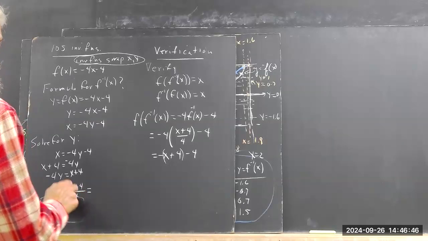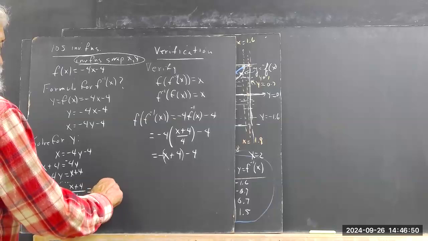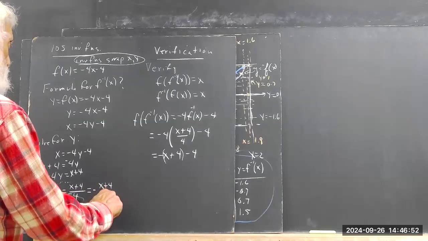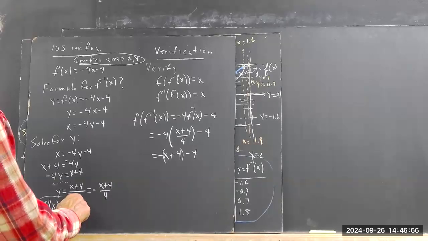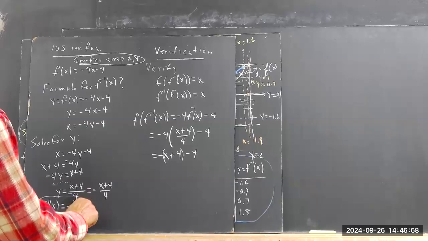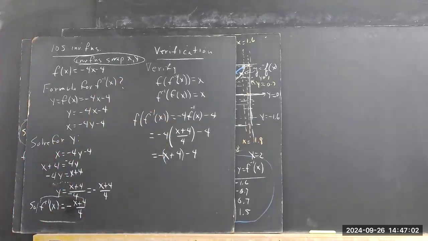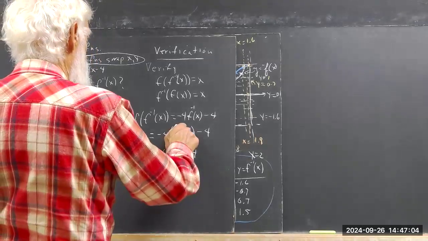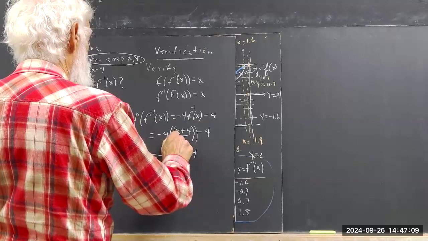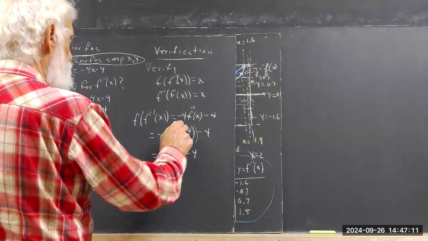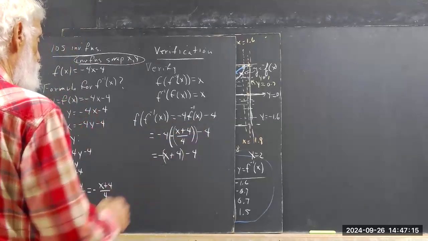First place, x plus 4 over negative 4 is the same as negative x plus 4 over 4. So f inverse of x is the negative of x plus 4 over 4. Now, if I plug this in, I have a negative sign in front of my x plus 4, that x plus 4 over 4.